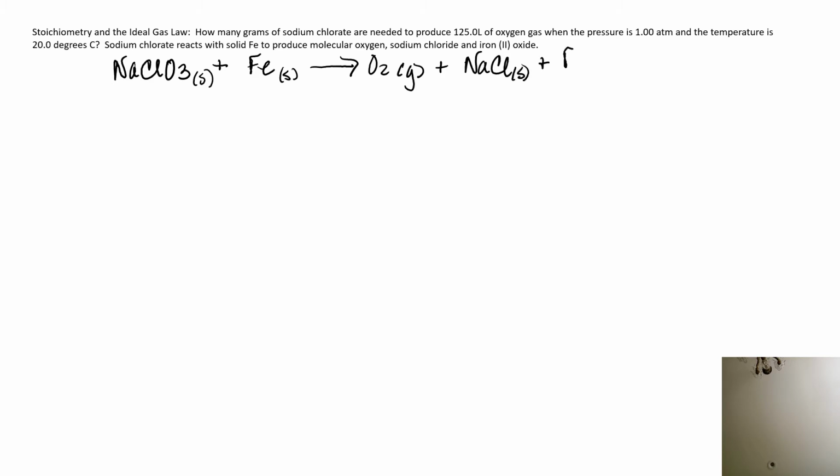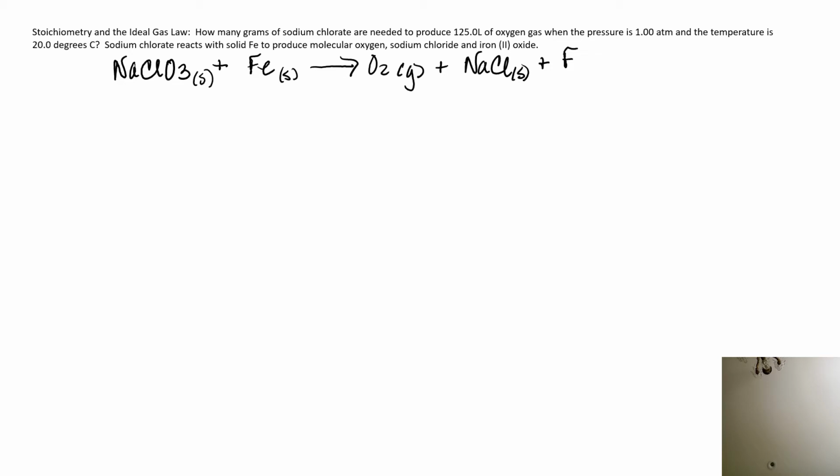So we need a balanced equation. Sodium chlorate has a formula of NaClO3, and that reacts with Fe, iron, and these are both solids, by the way, and we produce molecular oxygen in the gaseous state, sodium chloride, solid, and iron(II) oxide.